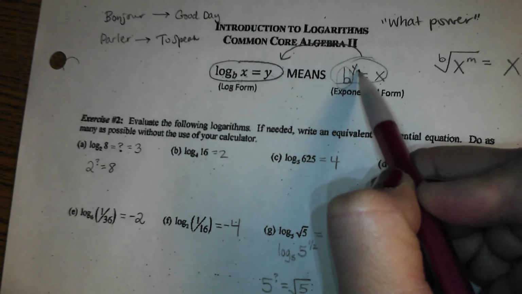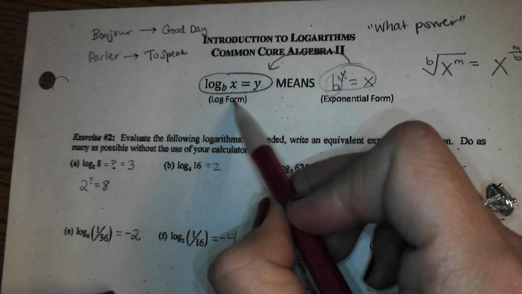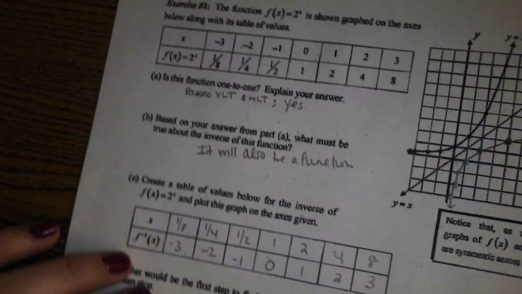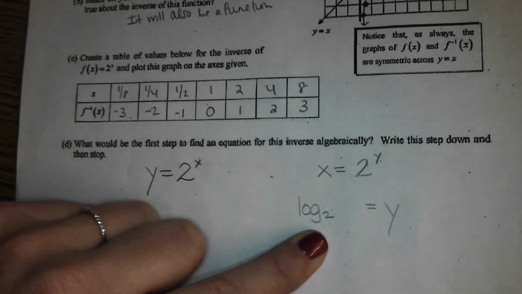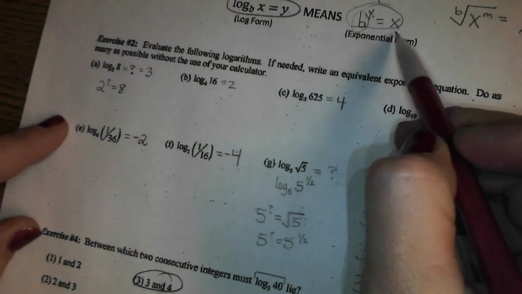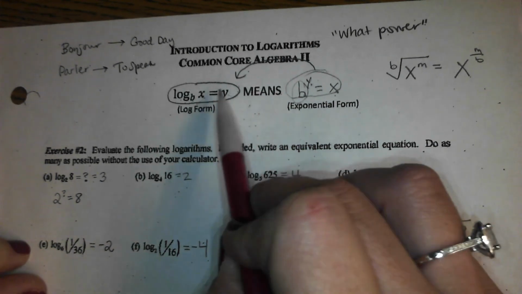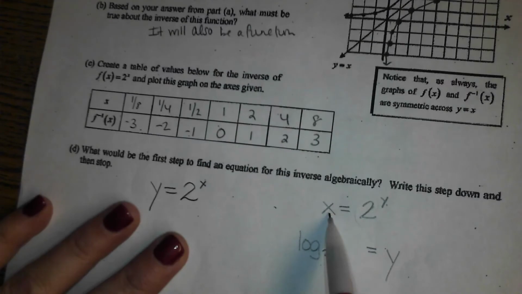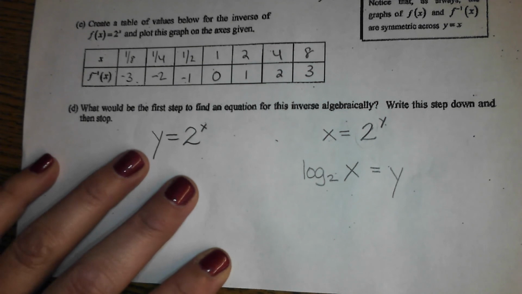The exponent of the base is where in the log equation? On the other side of the equal sign. So that exponent of y is on the other side of the equal sign. And then the x that was by itself is what we're taking the log of. You follow?